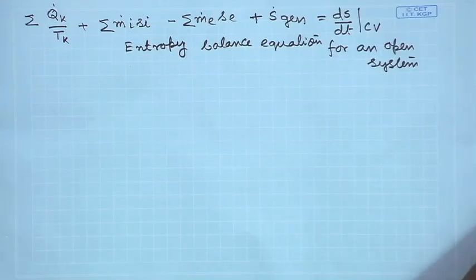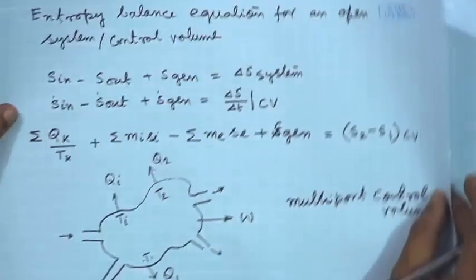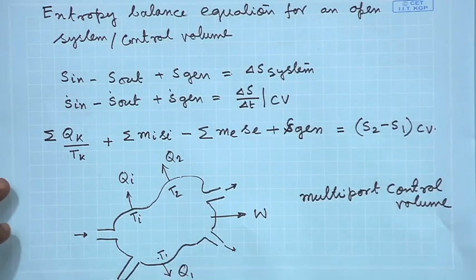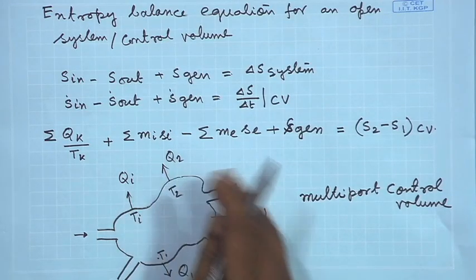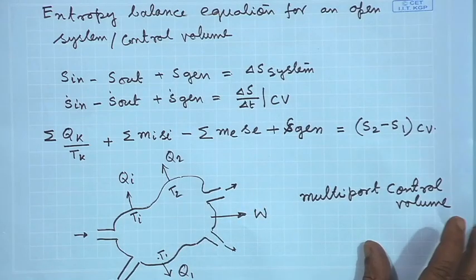Here, let me point out a few things. I would like to bring back the diagram of the multiport control volume, which I drew some time back. Here you see these are inlet mass flow rates, these are outlet mass flow rates, these are different heat interactions, this is a work interaction.